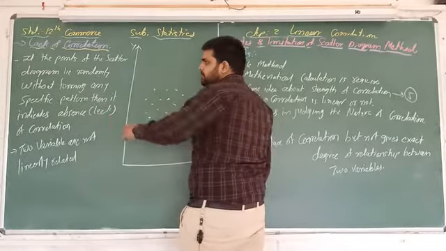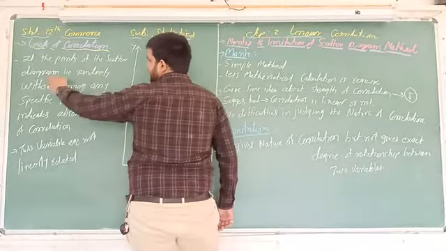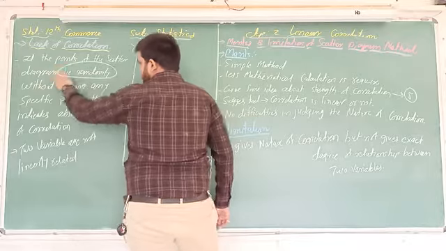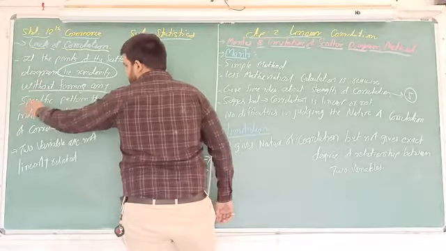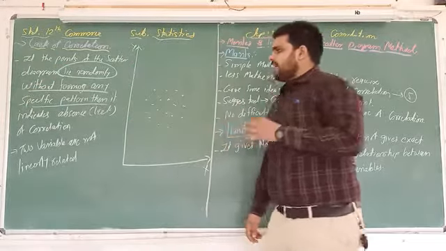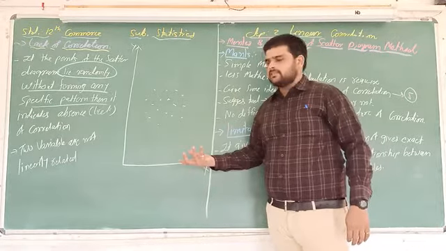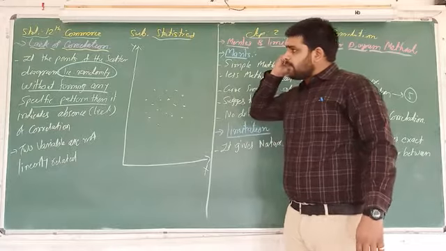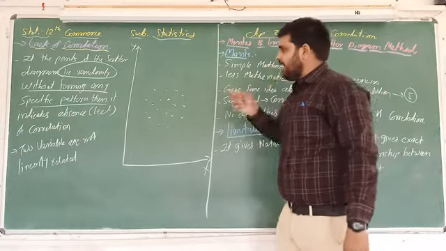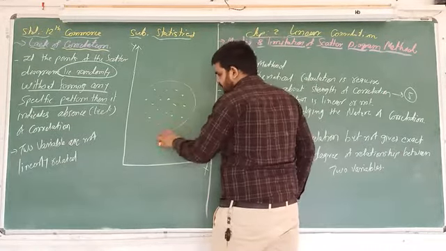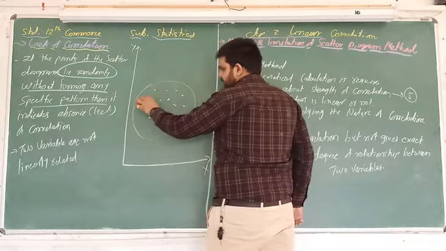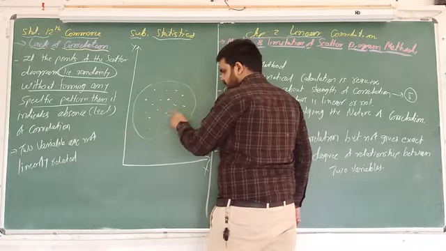What is the definition? If points of a scatter diagram lie randomly without forming any specific pattern, then it indicates the absence or lack of correlation. What does it mean? If the points of the scatter diagram lie randomly, see, some points here, some here, some here, some here.